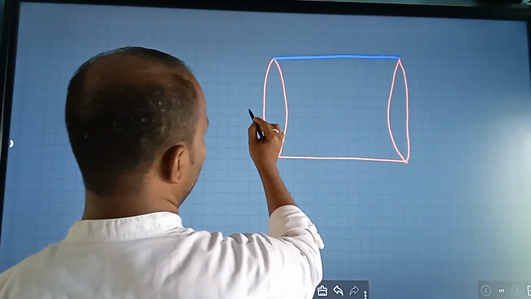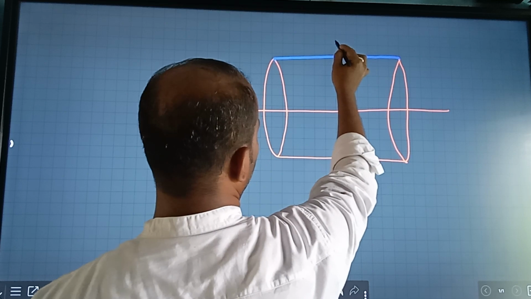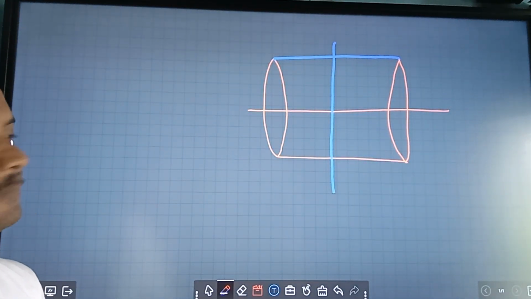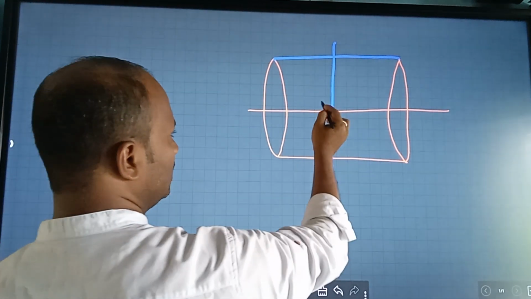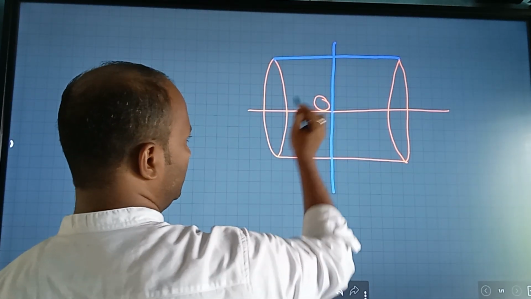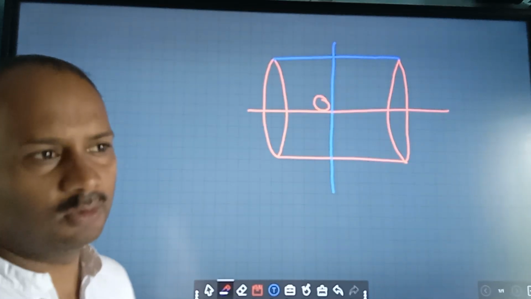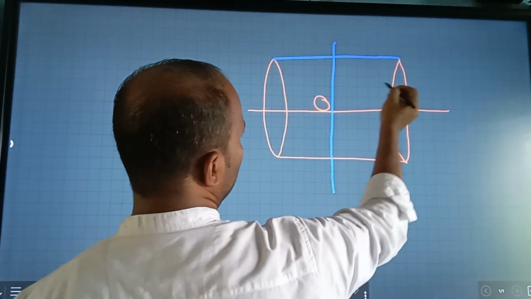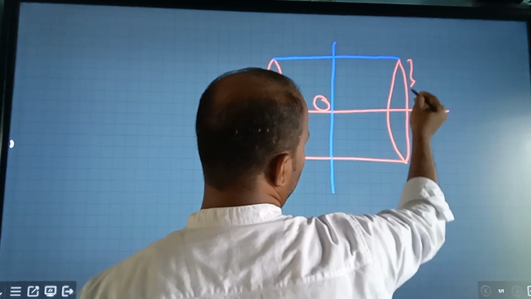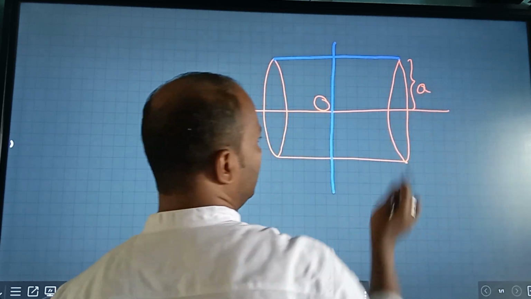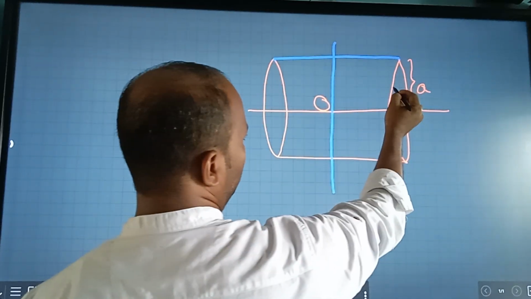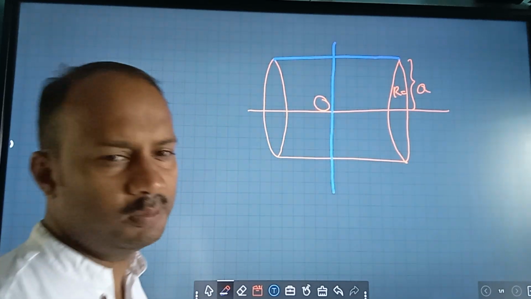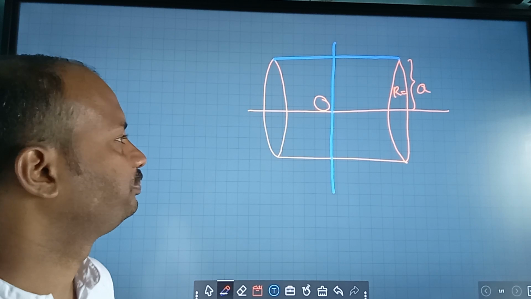This solenoid is divided equally into two parts. Consider this point O is the center. So this becomes the radius, r is equal to a. Then we assume that the radius is r.